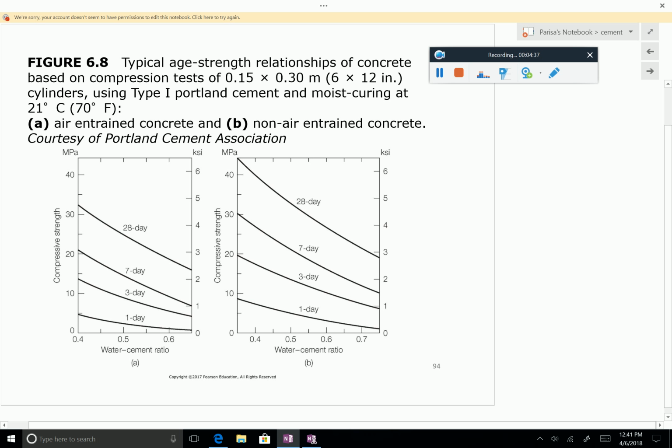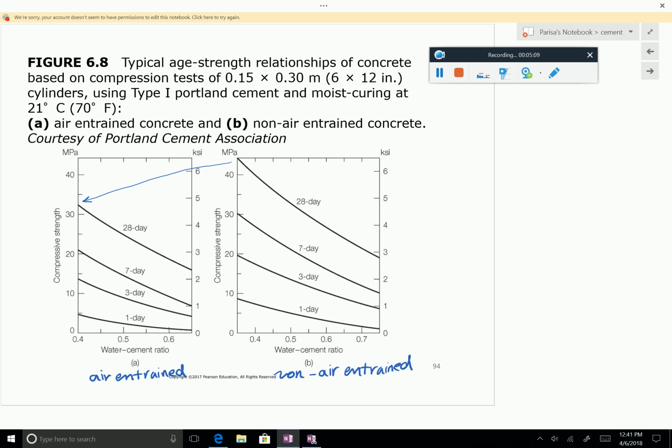As you can see, if you want to compare an air entrained concrete versus non-air entrained, then you see that if you compare the strengths, for example, at 28 days, basically the strength is lower for air entrained because of this excessive extra air voids.